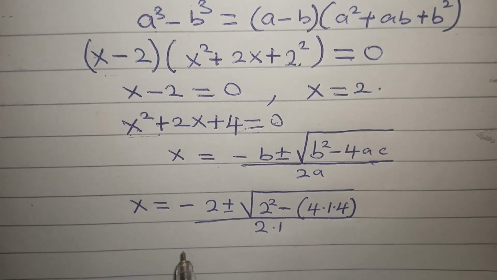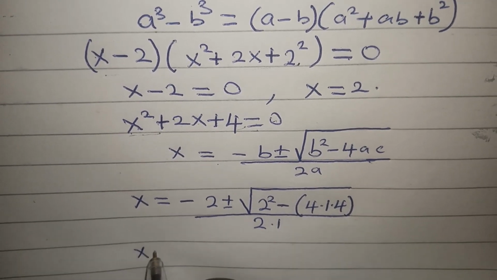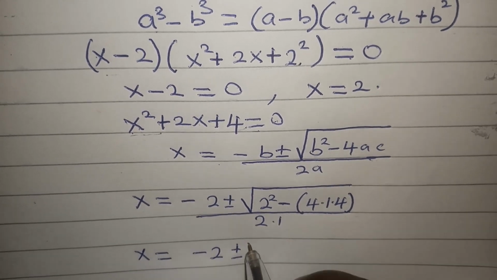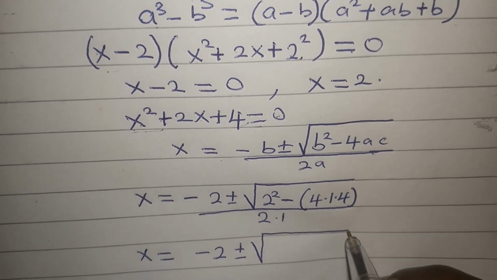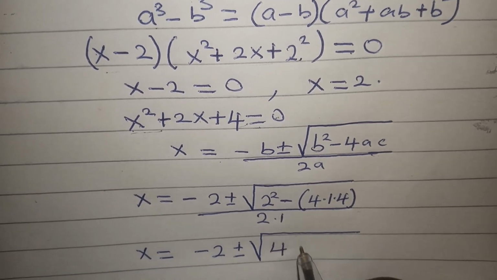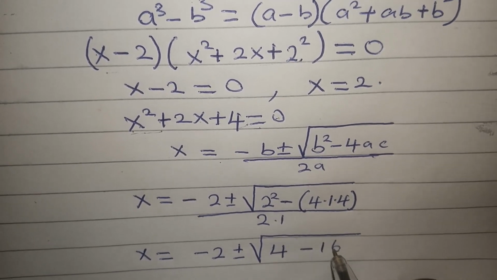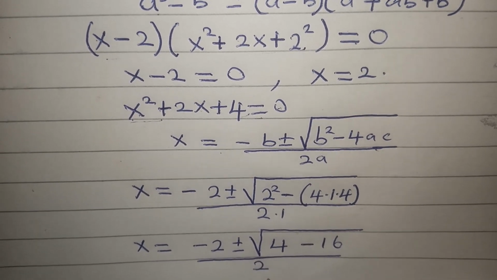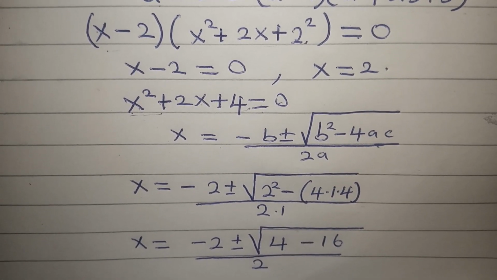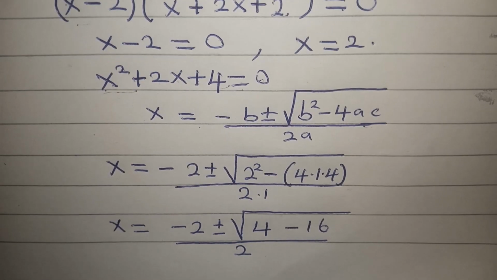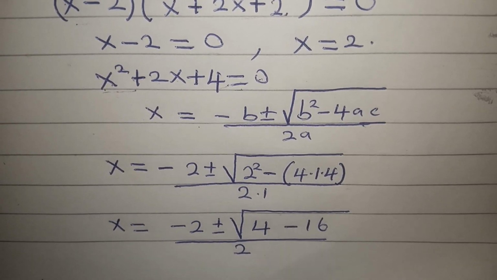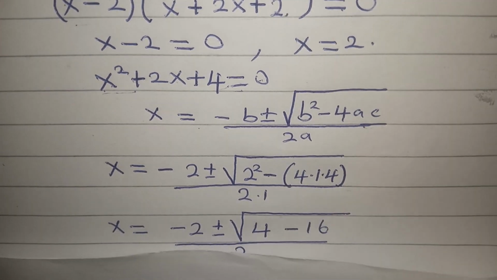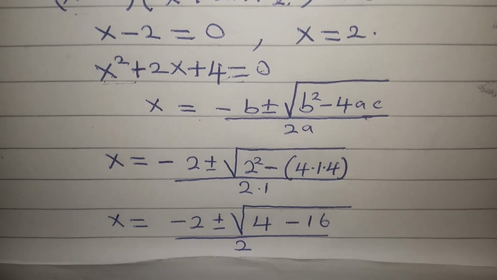So from here we can have our x to be equal to minus 2 plus or minus the root of 4 minus 16 over 2. Okay, since we are not having this, we are going to solve further.